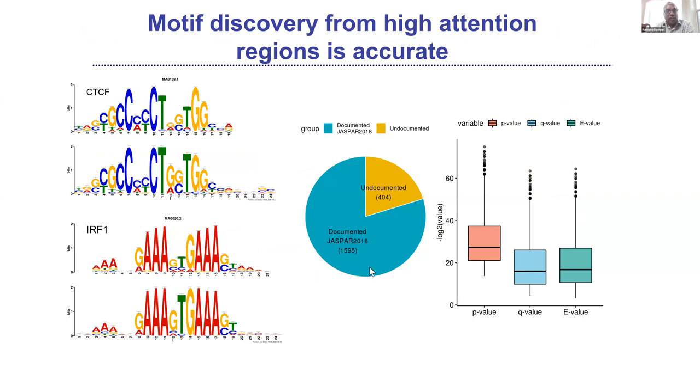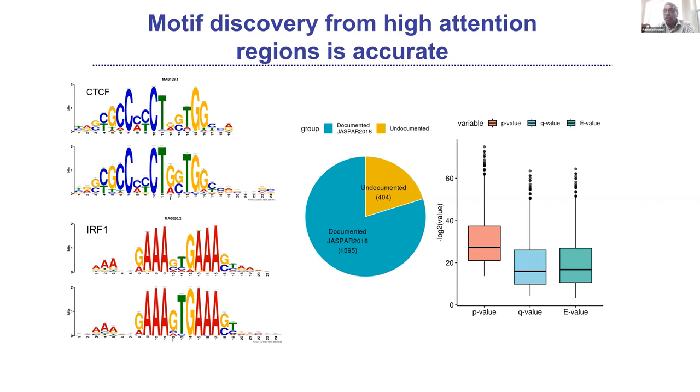After analyzing all the ENCODE data, we did unbiased motif finding using the ChIP-seq peaks, without help of position weight matrices. 1,595 motifs actually overlapped with the JASPAR database, and there are 400 motifs that are undocumented.